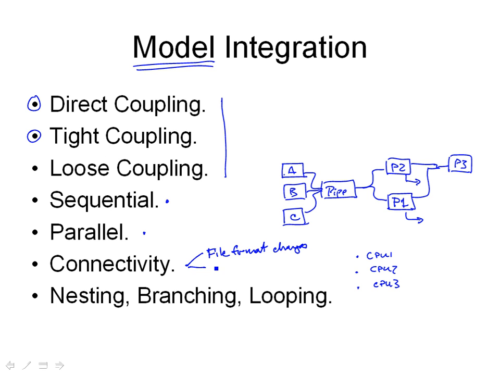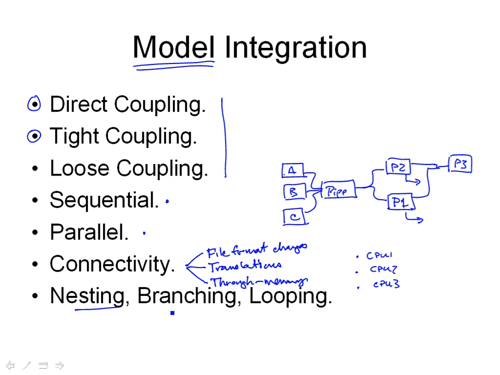You could have translations of information from one model to the next. You may have the issue of the possibility of through memory versus through files. Basically transferring information from one model to the next.